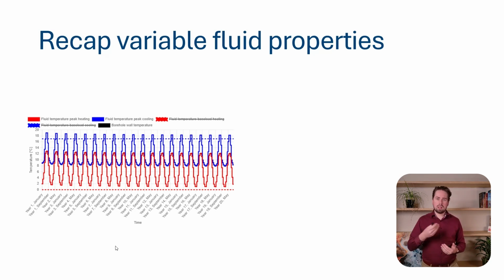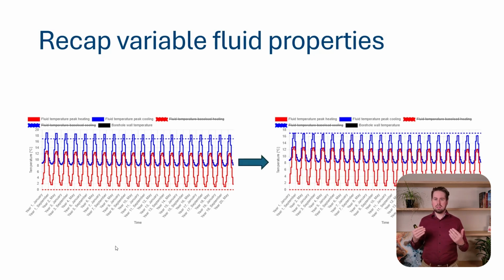But when we included these variable fluid properties, we already noticed that the fluid's viscosity is better when the fluid is warmer, so your Reynolds number is higher, so your heat transfer is also effectively better. So a borefield that was not sized correctly using the old and conservative assumptions was in fact designed correctly.